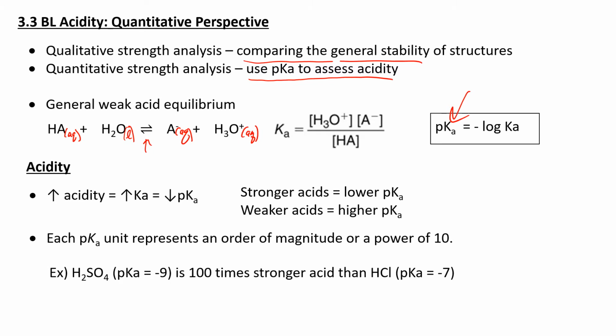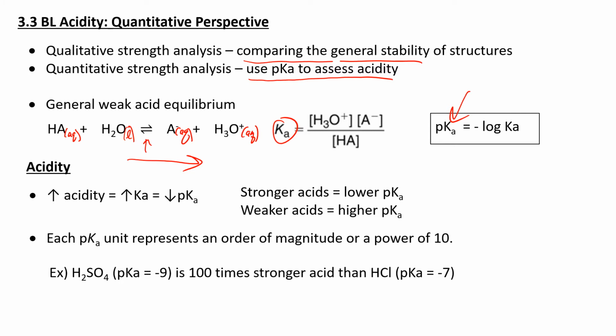So what does that mean in terms of acidity? Well, hopefully, maybe you remember that the greater the Ka value, the stronger the acid. Why? Because we have a greater percentage of dissociation or greater percent ionization of that acid. That means that the equilibrium lies further to the right, the larger Ka is.